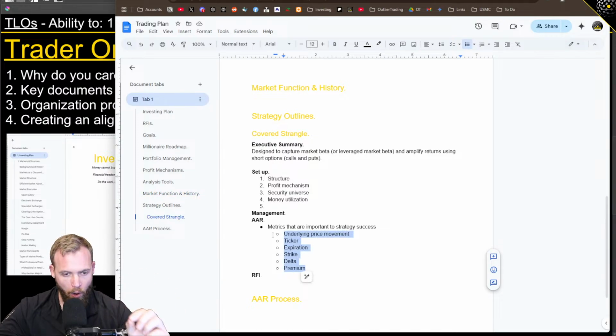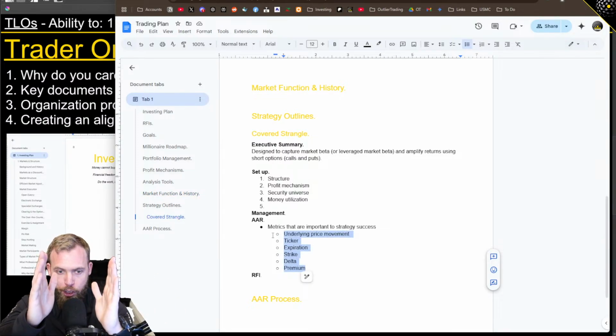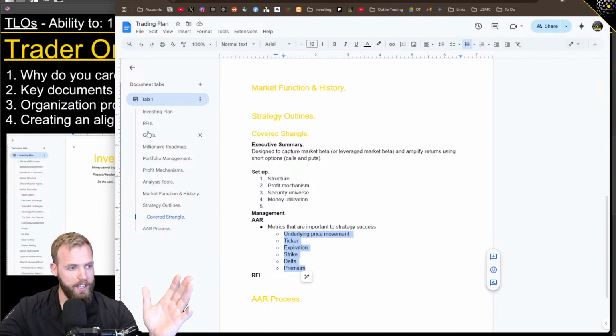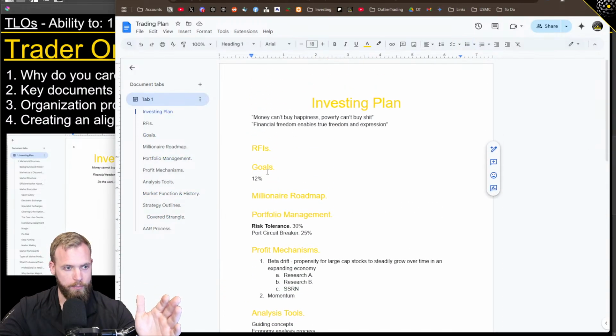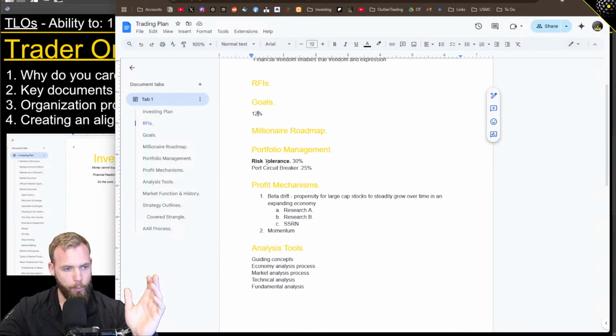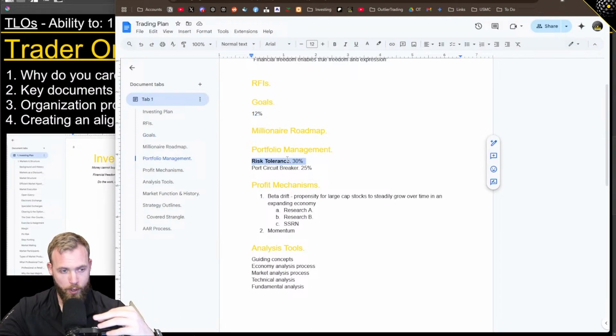Notice how all of this is beautifully aligned with your initial goal set. Your initial goal set is to make 12%. We have a portfolio that we're going to try to control risk in pursuit of the 12%. We're first going to start with whatever our comfort levels are in terms of drawdowns, but then we're going to see if that actually can work based on what kind of profit mechanisms we understand we're going to try to trade.